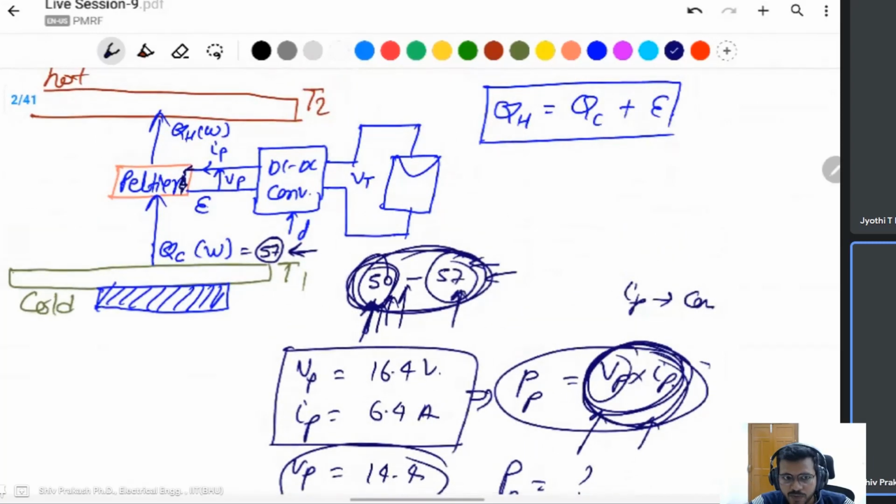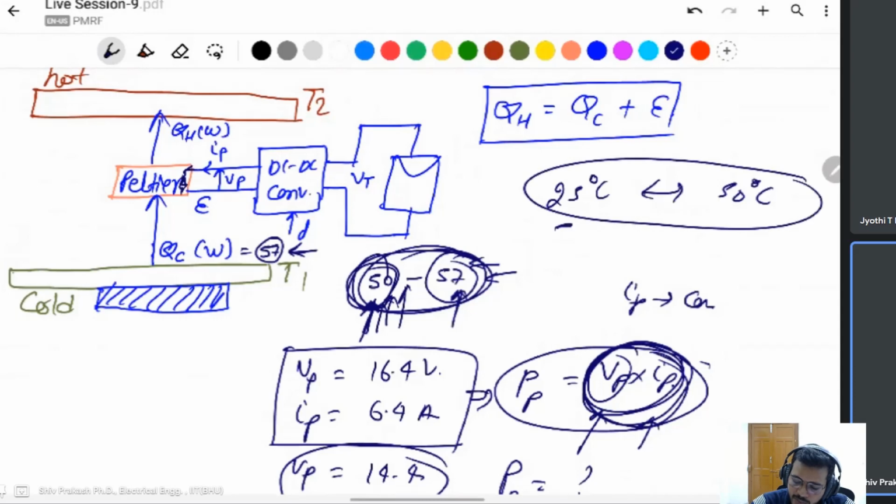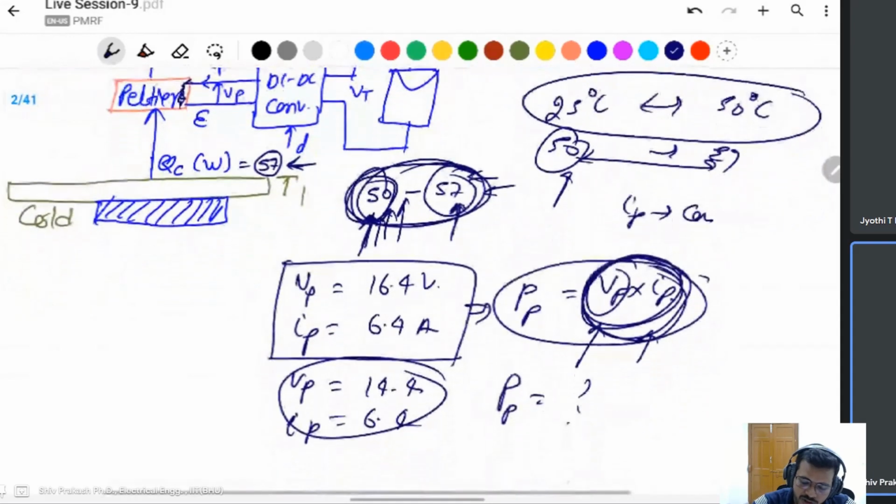Then 50 watt will transfer. In some other condition, it will only increase, it will not decrease, because the data sheet is given as 25 degrees centigrade to 50 degrees centigrade. It will vary from 50 to 57. This is the minimum value.